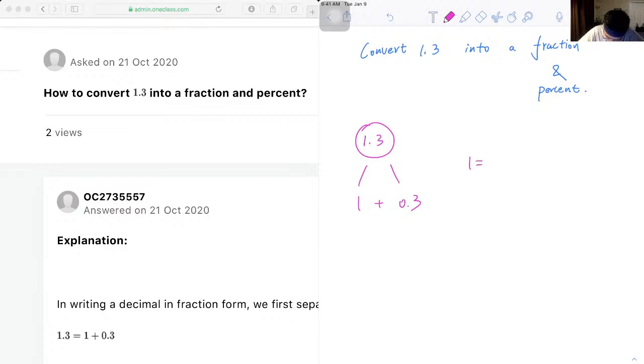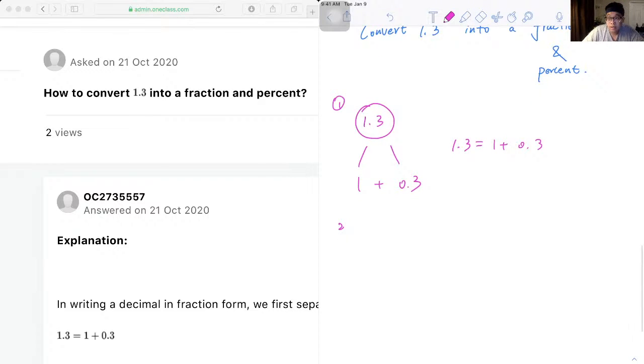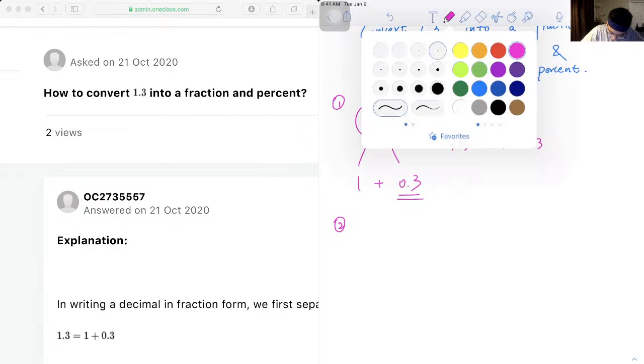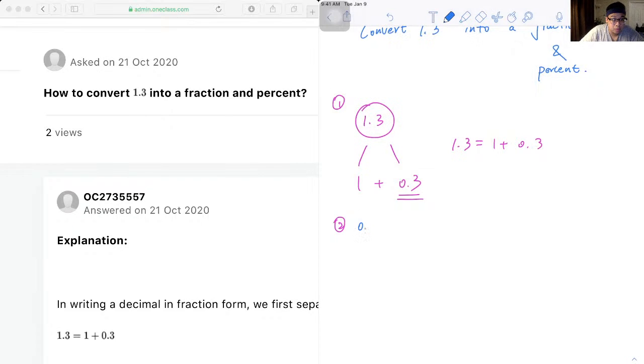So 1.3 is equal to 1 plus 0.3. Okay, so that's the first thing. And the second is dealing with the 0.3 part. So 0.3 literally means 3/10, 3 tenths.